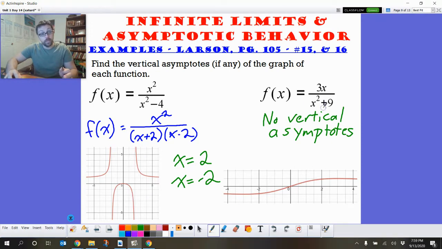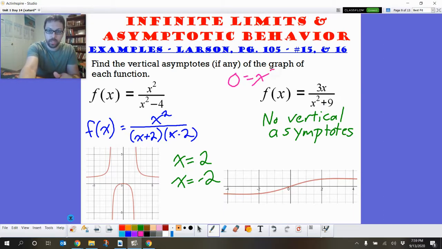Now this one, which is not factorable, does not actually produce any vertical asymptotes because there is no real number that we can put in there in order to create that denominator equal to 0. Try it. You get 0 equals x squared plus 9, and you end up with x equaling plus or minus 3i.